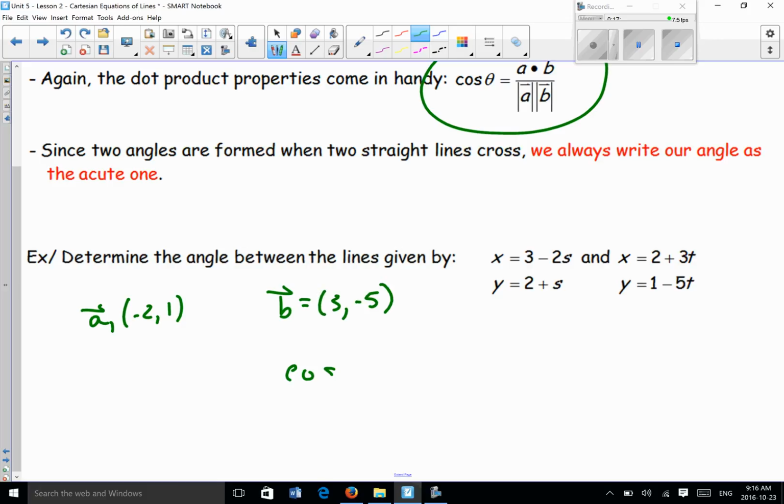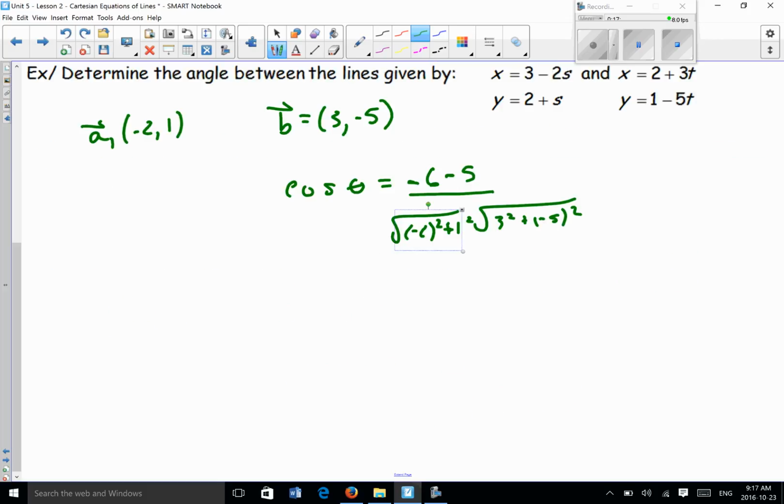Now if I want to find the angle between those two things, my cos, back to dot product, just quick reminder, multiply and then add, over the root of negative 2 squared plus 1 squared and 3 squared plus negative 5 squared, will give us negative 11 over root 5 and root 34.